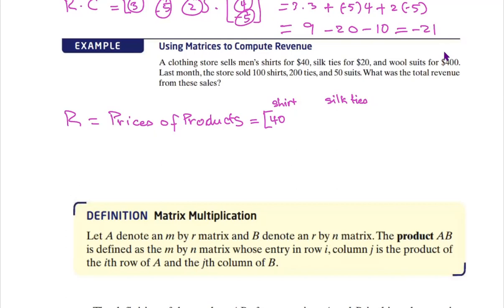Also, we have the suits. Okay, 40, 20, and 400, right? And then the next one will be the number of products sold in each category.